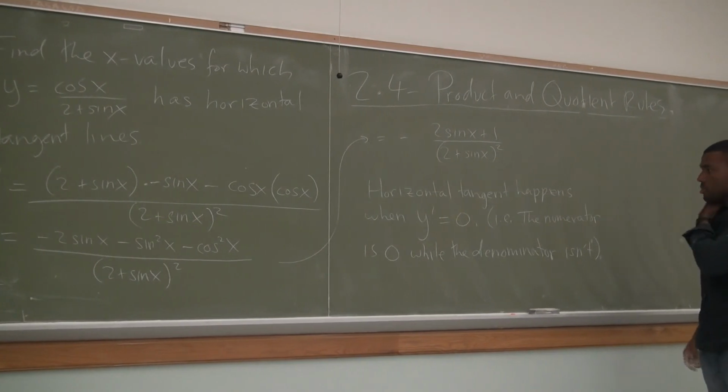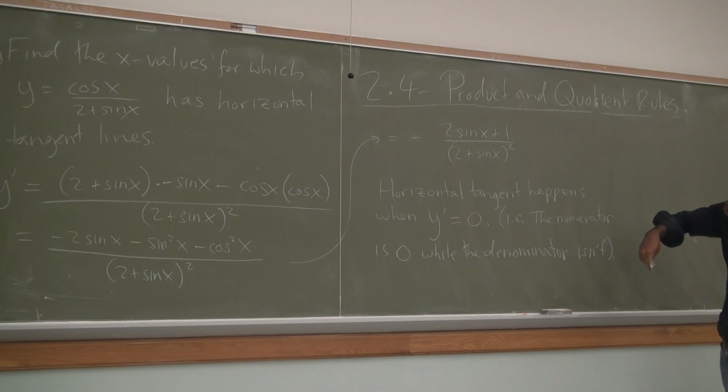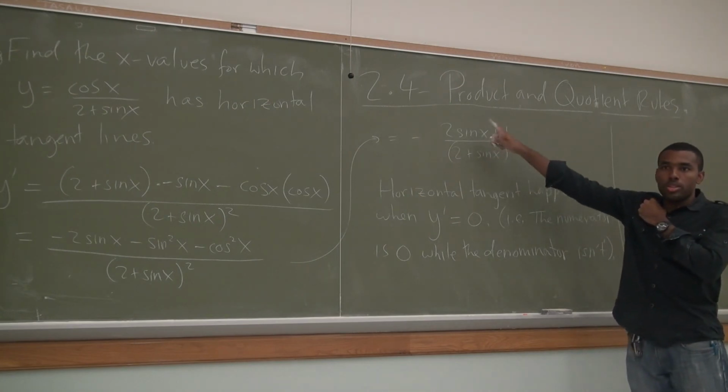A fraction equals 0 if the top equals 0 while the bottom is not 0 at the same time.